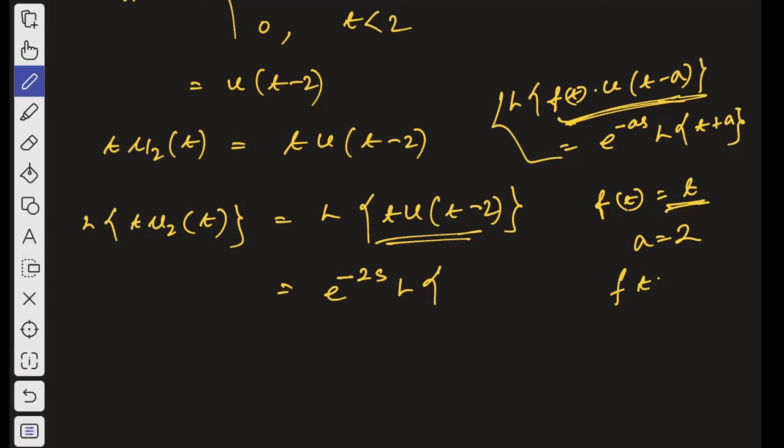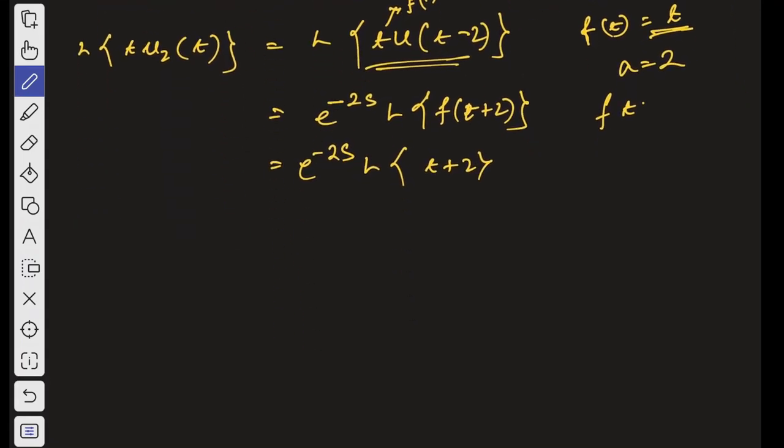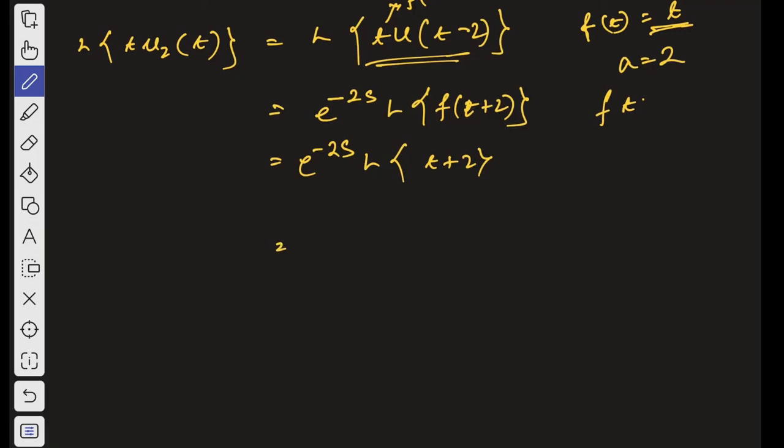So if f of t is t, then f of t plus 2 will be e to the power minus twice s Laplace transformation of t plus 2, right?